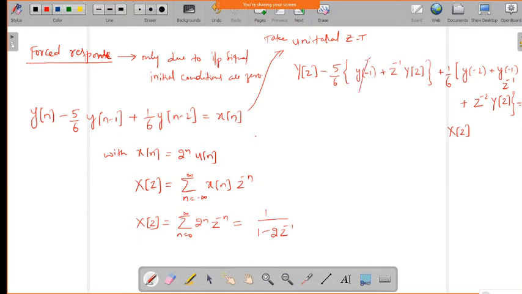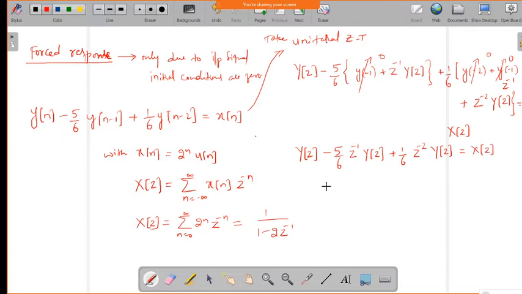Now see the initial conditions. Since we are finding the forced response, these initial conditions are 0. So we get y of z minus 5 by 6 into z inverse into y of z plus 1 by 6 into z power minus 2 into y of z, equal to x of z.